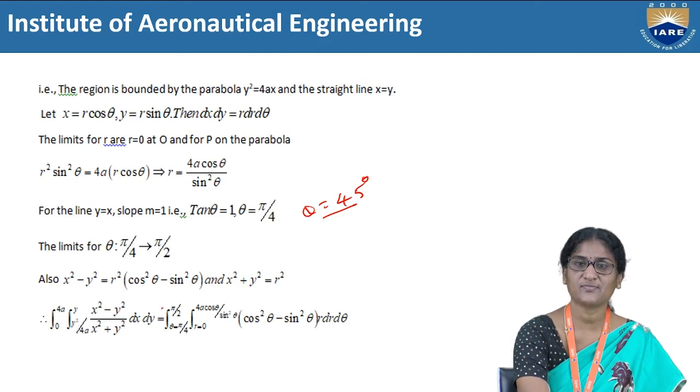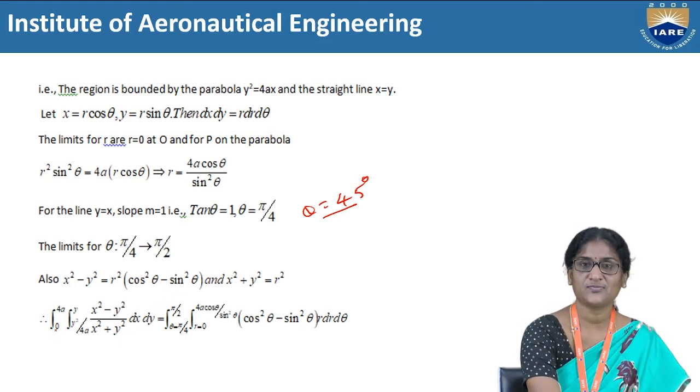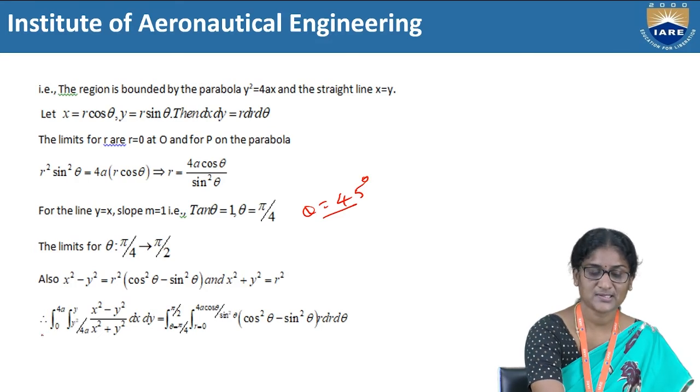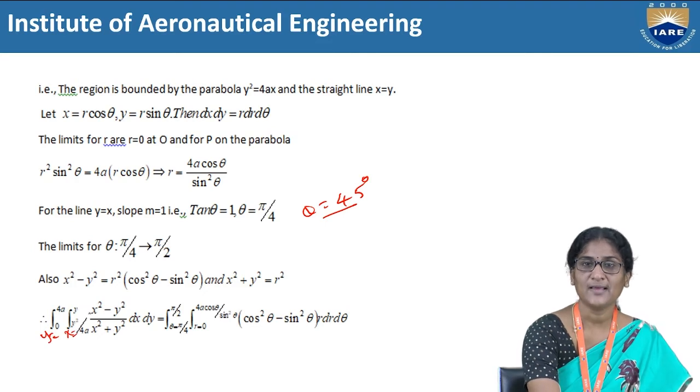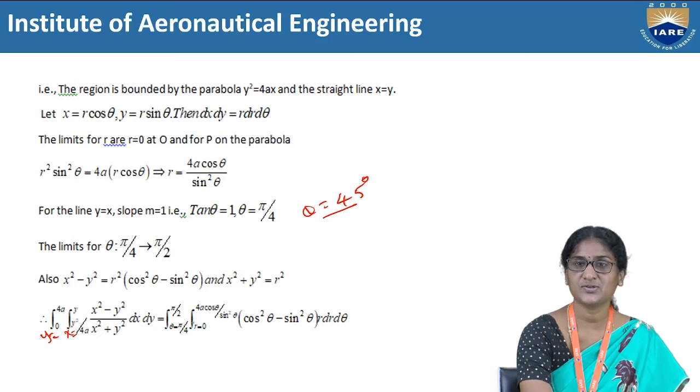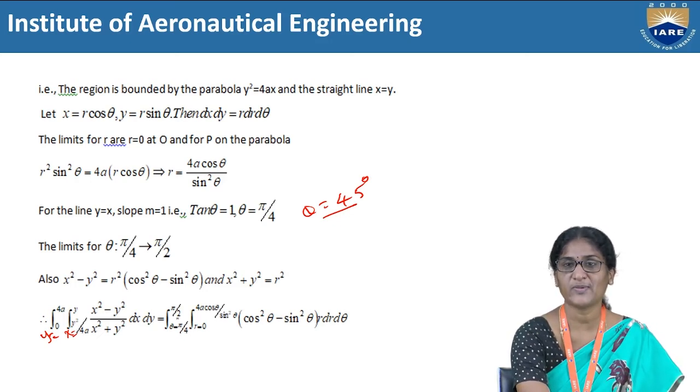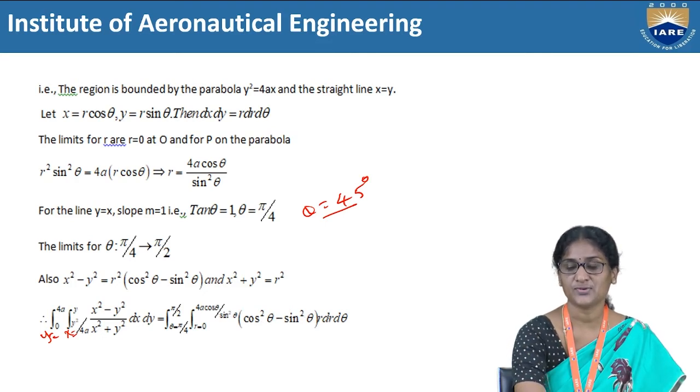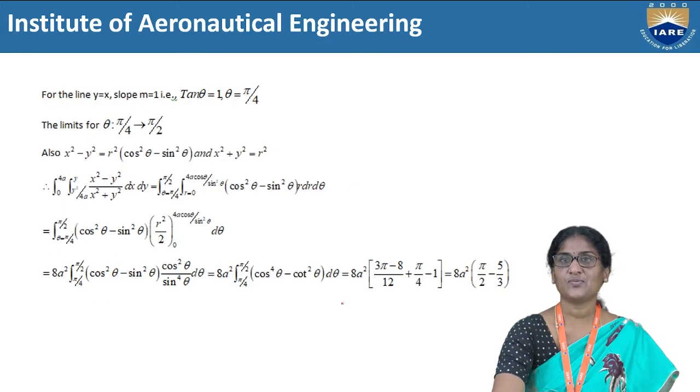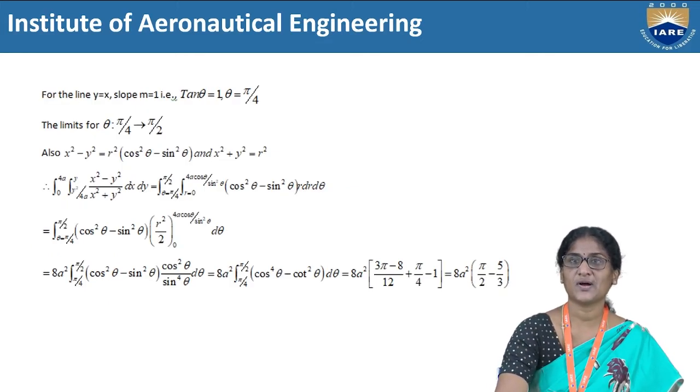Substitute all the values which you have got, and therefore the integral 0 to 4a, y ranges from 0 to 4a, and x ranges from y square by 4 to y, x square minus y square by x square plus y square dx dy is reduced to theta equal to pi by 4 to pi by 2, integral of r equal to 0 to 4a cos theta by sine square theta, into cos square theta minus sine square theta, into r dr d theta. And for the line y equal to x, the slope m is equal to 1, theta is equal to pi by 4. So the angle changes like this.